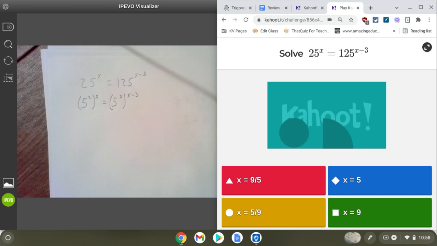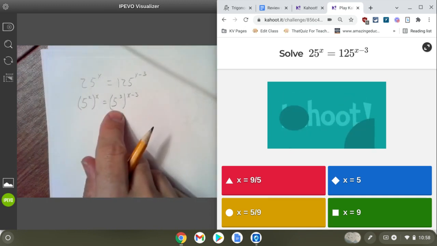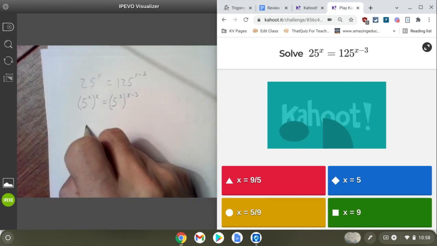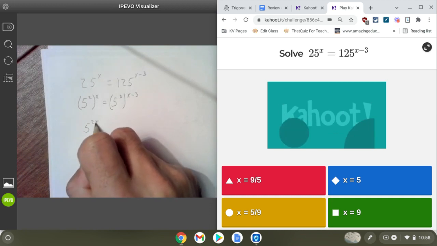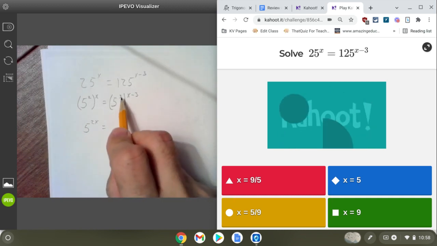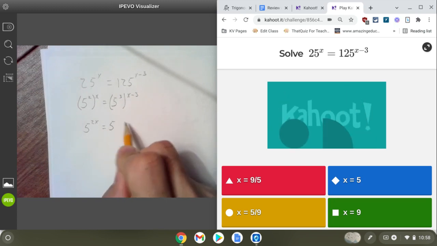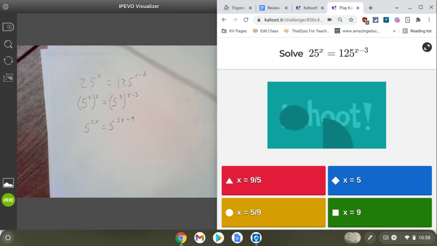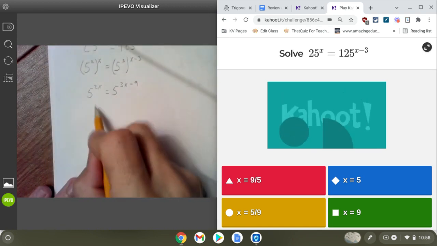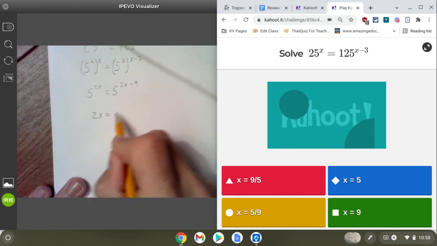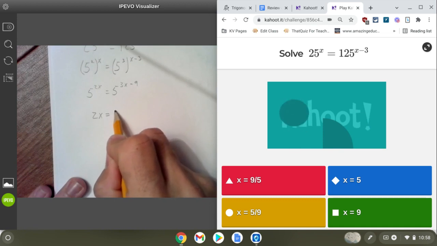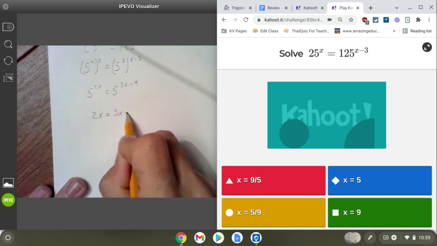The rule I want to use here is a power to a power, so I'll multiply the exponents. 5 to the 2x, and then I'll multiply the 3 times this x minus 3. I've got to distribute, so it'll be 3x minus 9. Now I can solve this equation. Since the bases are the same, the exponents must be equal to each other.